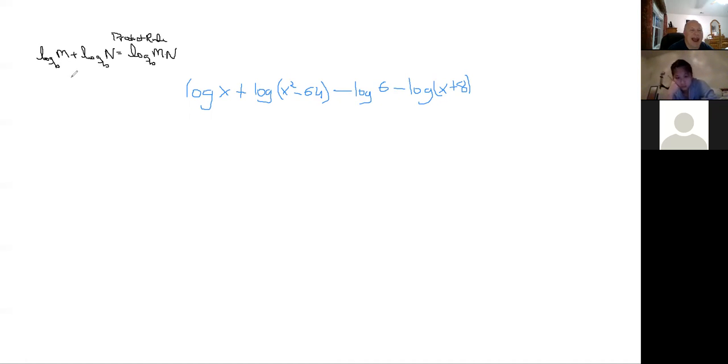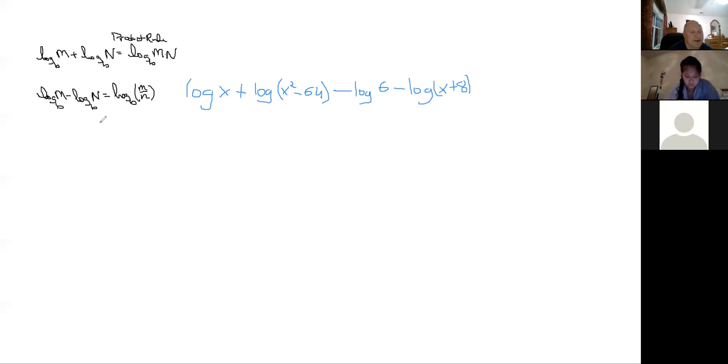So if you add two logs, you can take the log of the product of their two inputs. Now the quotient rule says if you have the log base b of m minus the log base b of n, that equals the log base b of m divided by n.